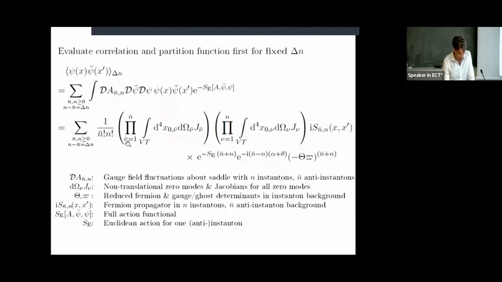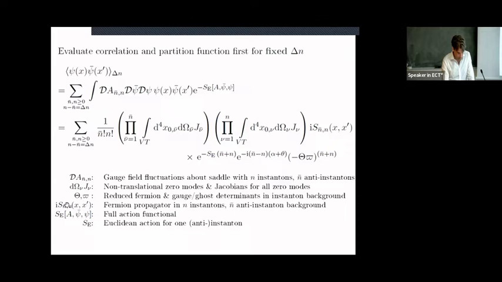Then we have to integrate over these collective coordinates. There are zero modes associated with the fact that we don't change the action when moving around the instantons and anti-instantons. So this is coming out of the calculation here. We have to integrate this over the space-time volume for all n and n bar topological objects. Then we have additional measures and Jacobian factors dealing with gauge symmetries and collective coordinates.